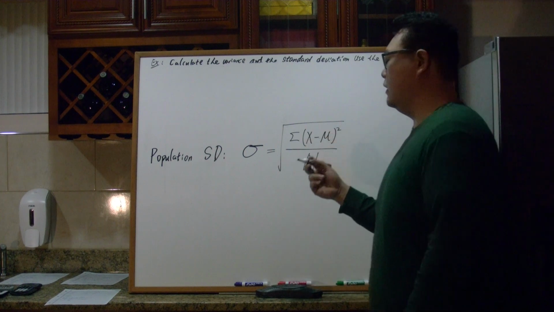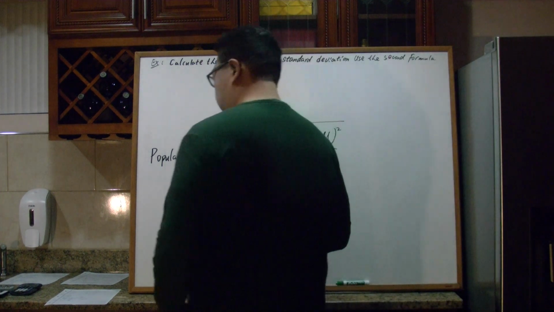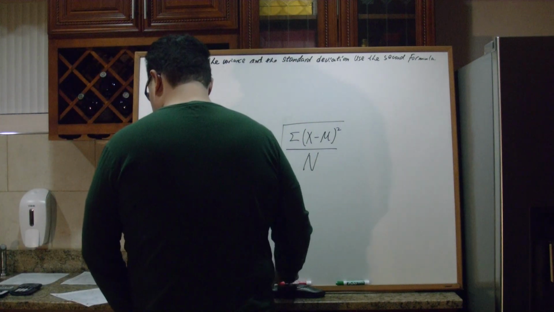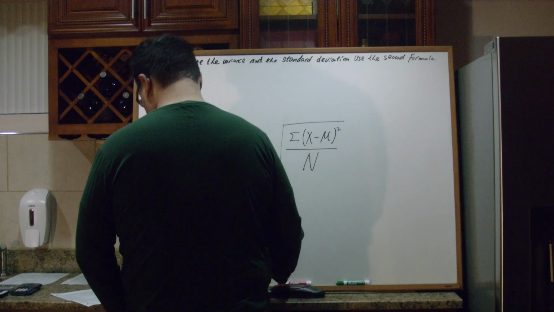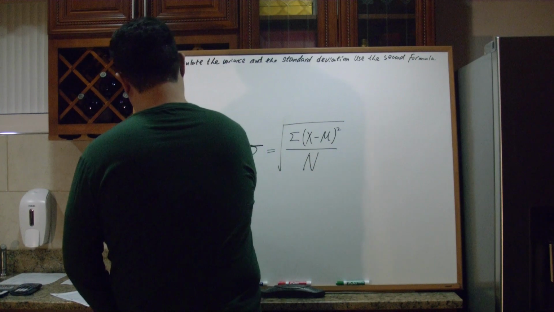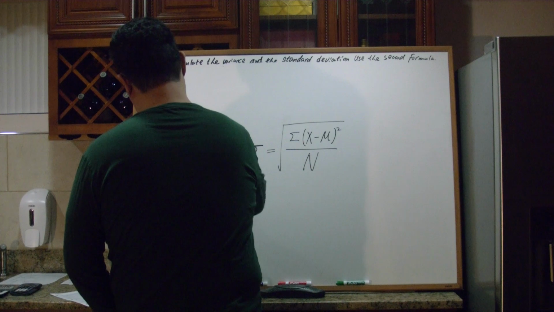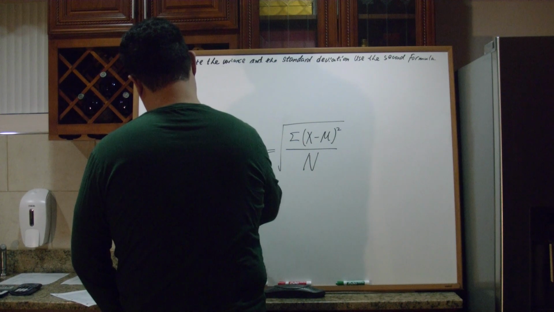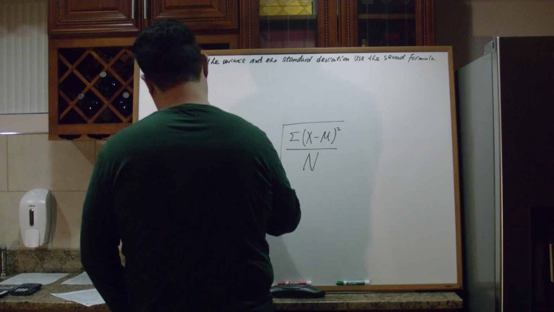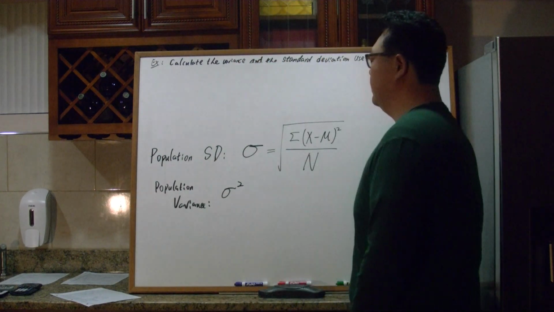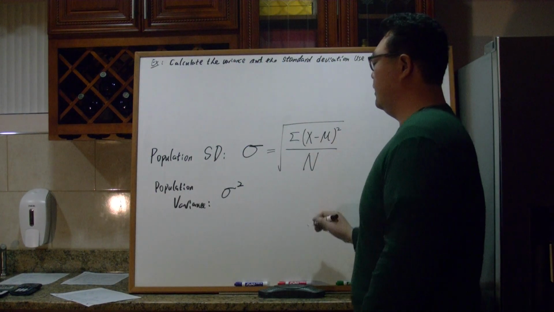So everything underneath is a population variance, divided by the population size. Then the population variance is just the notation sigma squared, which is the thing underneath it.